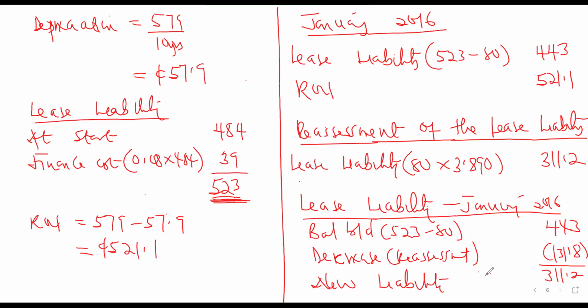Yes, please. We are paying the rentals at the beginning of every year. So at the time that we lease the asset, which is 1st January 2015, we have paid. So at the beginning of January 2015, we are owing six years now because we have paid 1 year already. At the beginning of 2016, what will happen?